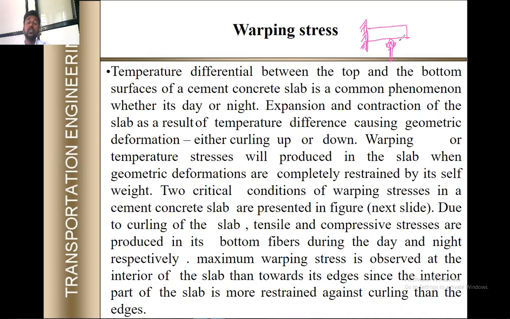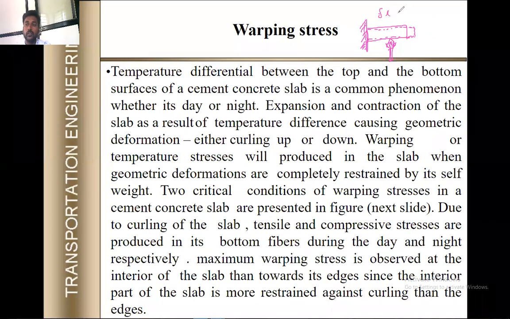So due to the heating, what will happen? The length of the member will go on increasing. The expansion of the member will take place. You might have learned this in strength of material, the temperature stresses on the steel. And how is this calculated?